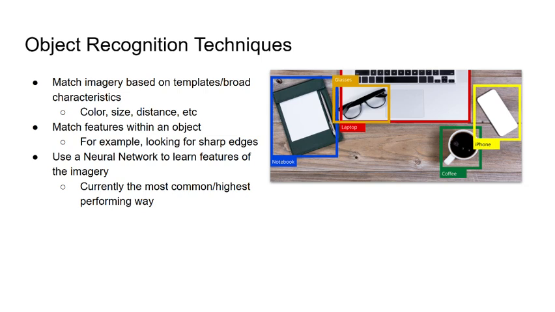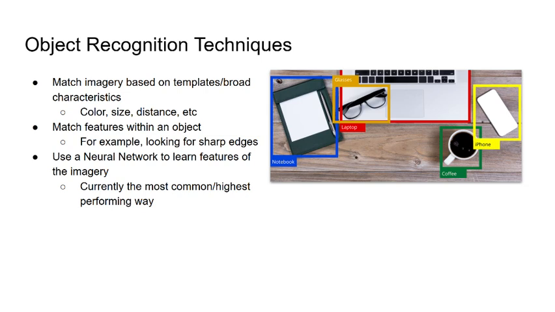You can match features, which is what we were doing with the previous example of matching edges. You're making the assumption that if I'm out in the middle of a field, in the middle of a war zone, and I can detect something large and man-made. Finally, you can use a neural network to learn features of the image.